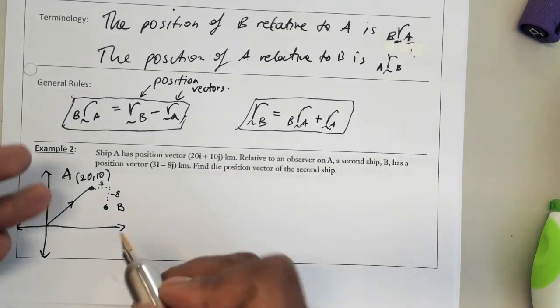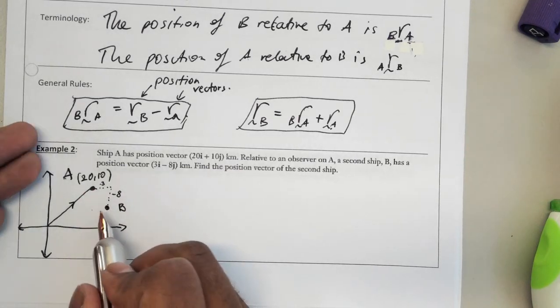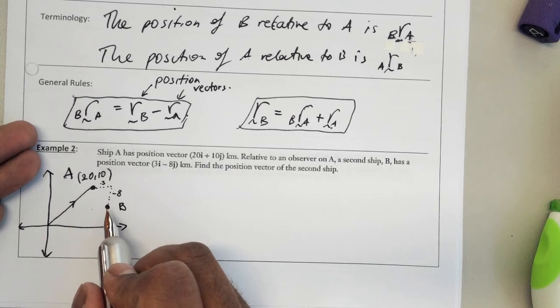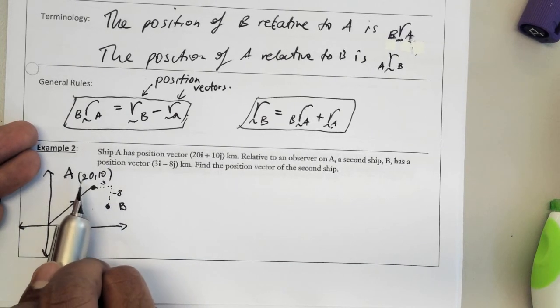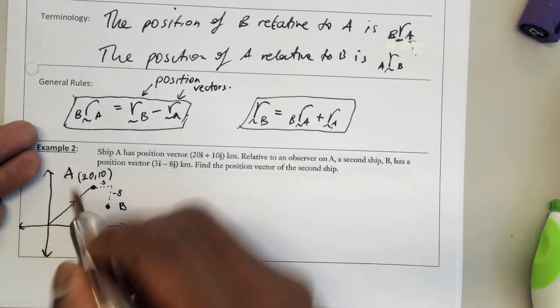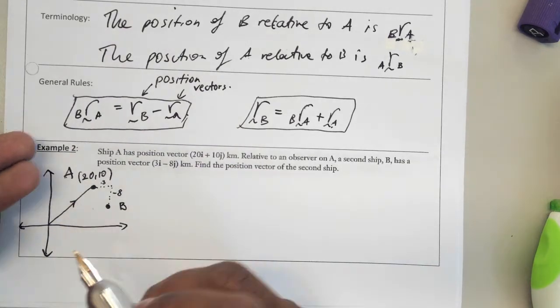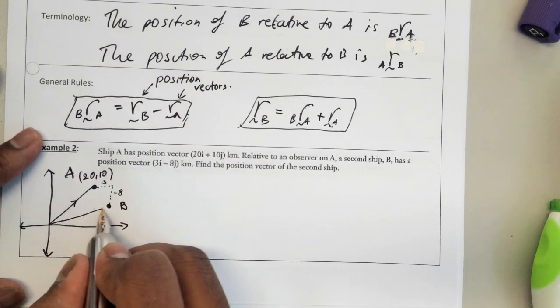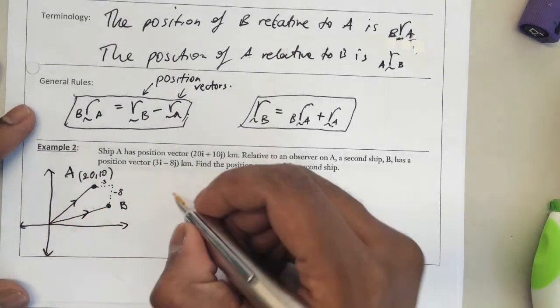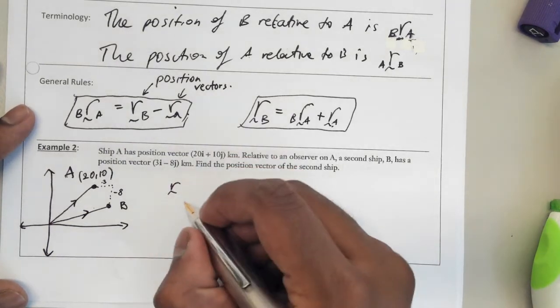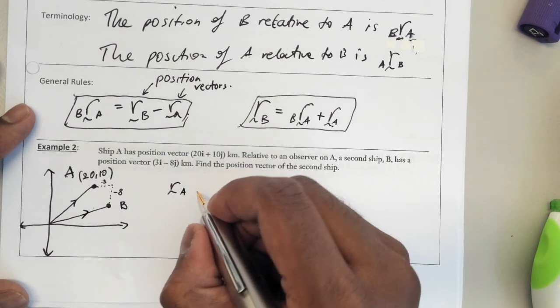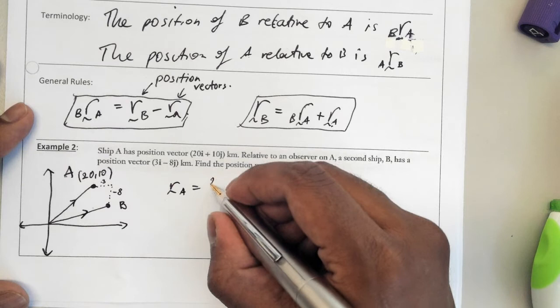Now you can already see visually what the position vector of B is. It's just right 3 units and then down 8 units of A. Mathematically, that's exactly what it is. So we're just going to put it in the notation. So the position vector of A is 20, 10.